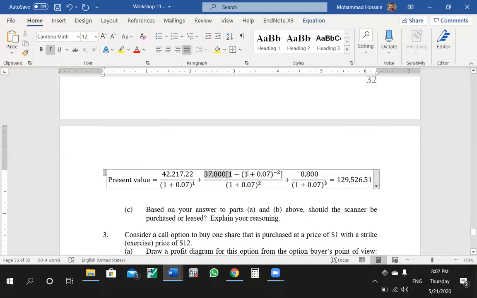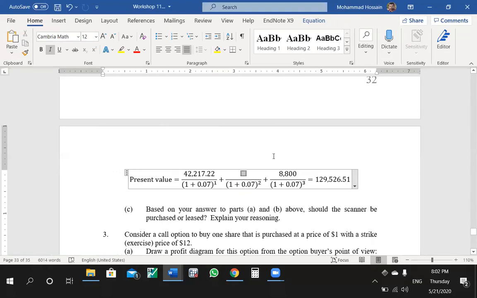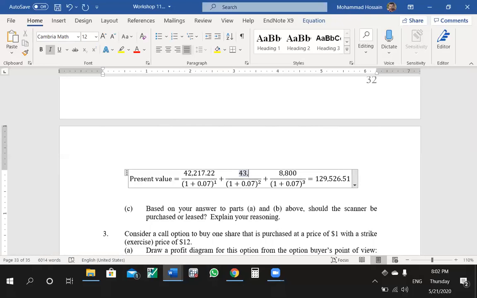All of them are different numbers, so we cannot use the shortcut like before. This one will be 43,576.74. The last figure will be 45,000.